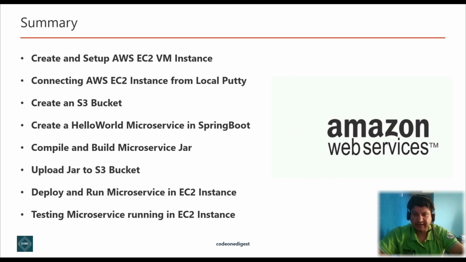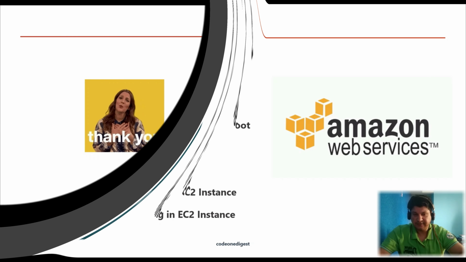Then we created an S3 bucket where we uploaded the jar file for our microservice application. Then we created the microservice application jar, right? And then we uploaded that jar to the S3 bucket. And then we installed Java and ran our microservice application on the EC2 instance. And then finally, we tested the microservice application successfully and were able to get a response from it, right?